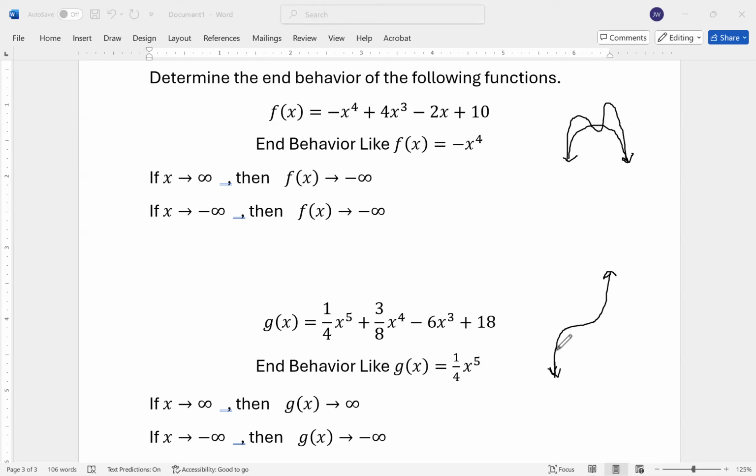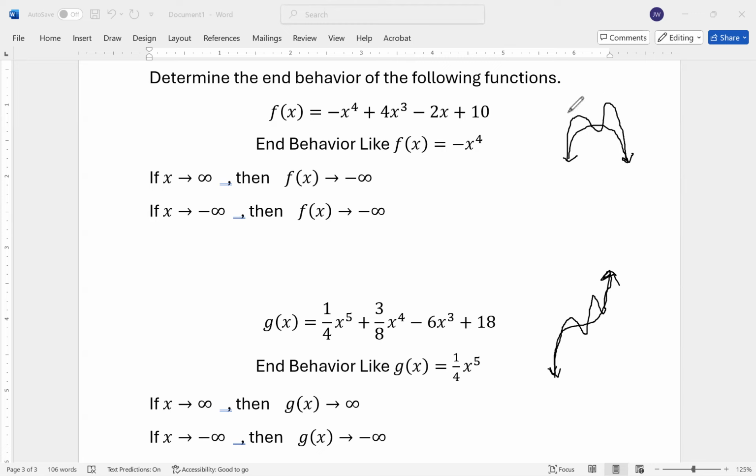This one down here could do a couple of different ups and downs in the middle, and then do that. But the end behavior is going to be the same. As you move far enough to the right, it's going to go off to infinity. If you move far enough to the left, it goes down to negative infinity.